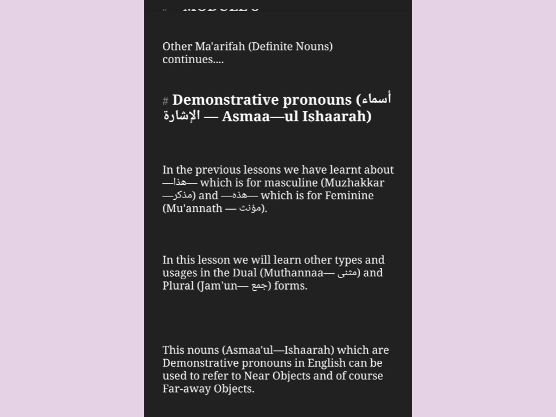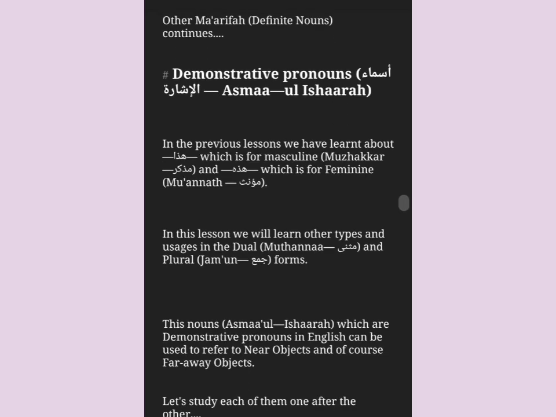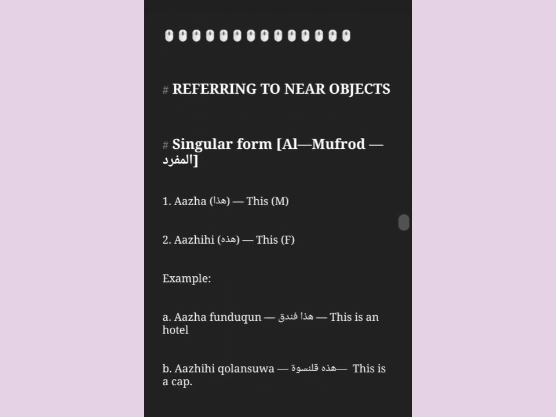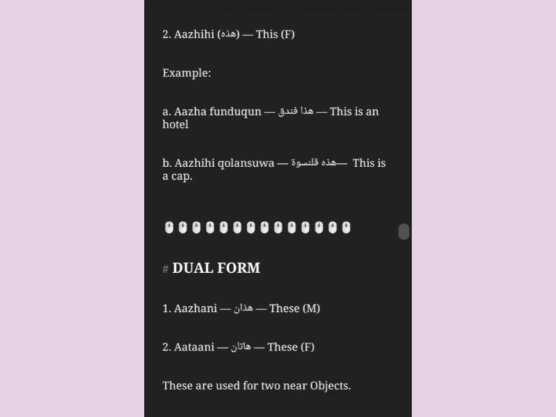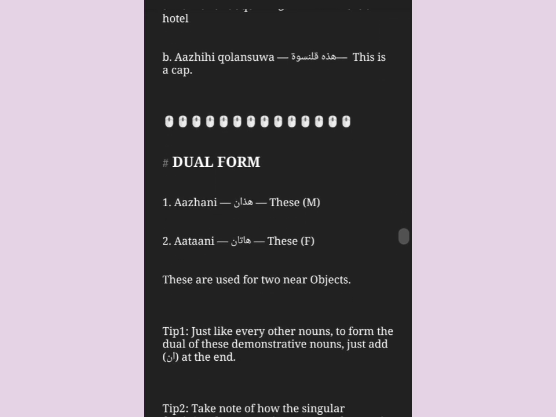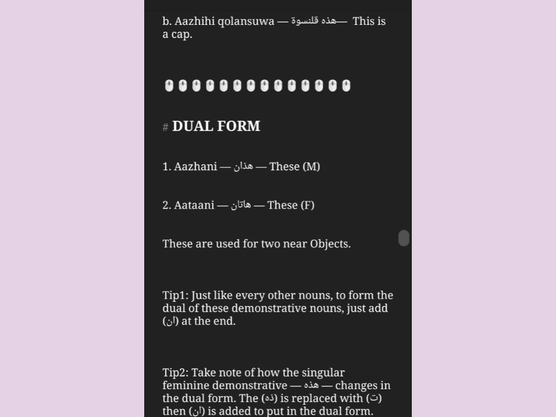Therefore, we will present some examples for us to learn from. Like I said, we're going to be looking at the muthanna and, of course, the jam'. Now, for hatan, like we were talking about, you have to write the alif mat, because there's a word in Arabic too that looks like hatan.